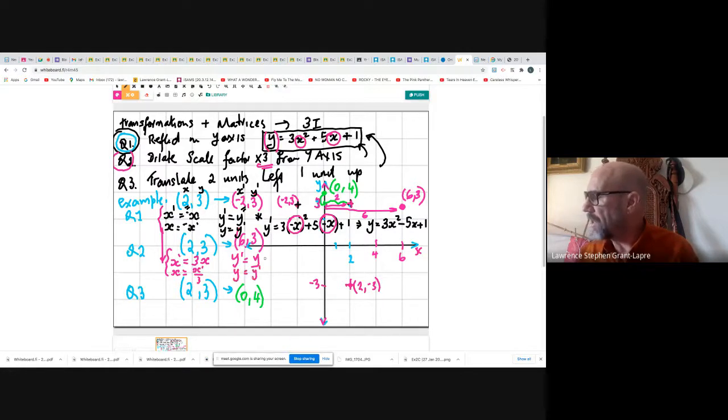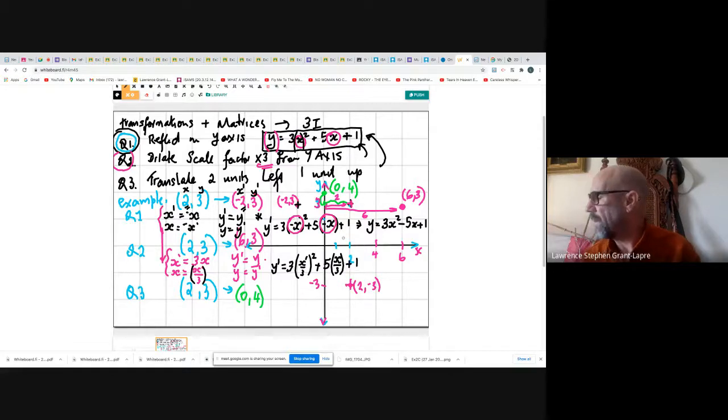So for the equation, you don't change the Y value, so it's still Y. So we're just going to put Y equals the Y image, and we change the X into X over 3 squared plus 5X over 3 plus 1.